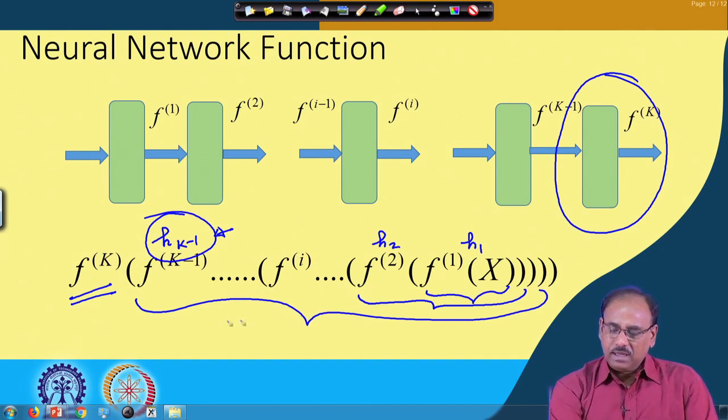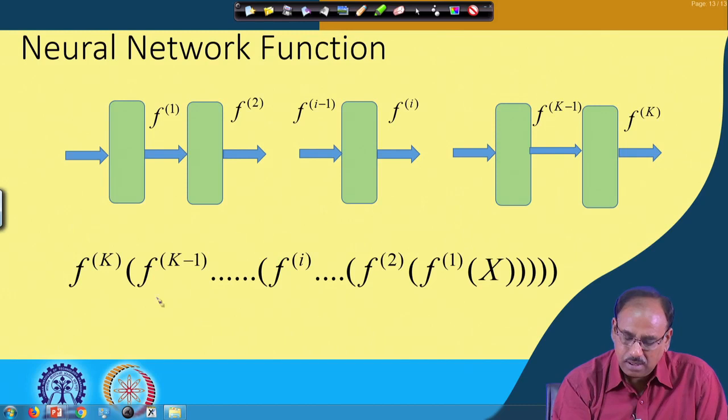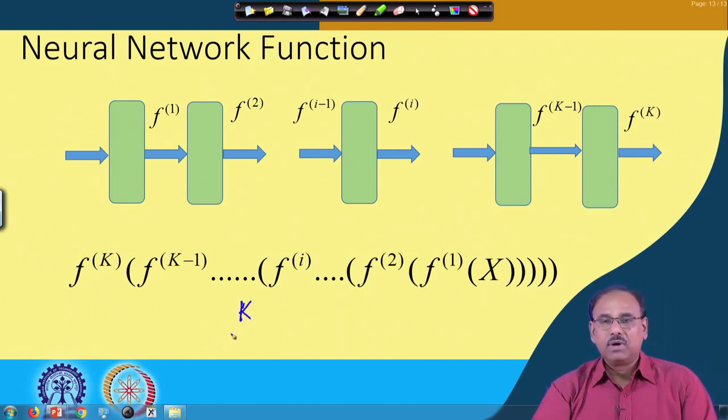And here the number of cascading stages, which is equal to k, tells you the depth of the network. So in this particular case, the depth is k. And as the value of k increases, that is, as the number of layers increases, the depth also increases.